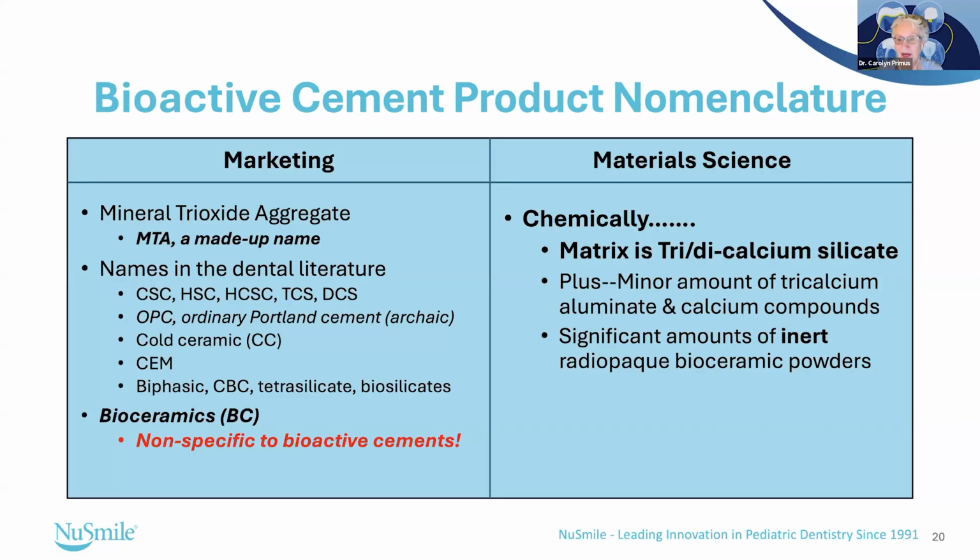Manufacturers usually add minor amounts of some other calcium cement phases, and they may add some calcium compounds to it because calcium sounds good because we're thinking about forming bone. The materials also contain significant amounts of inert radiopaque bioceramic powders. So again, back to the pie chart, we're combining both the bioactive cements with an inert bioceramic.